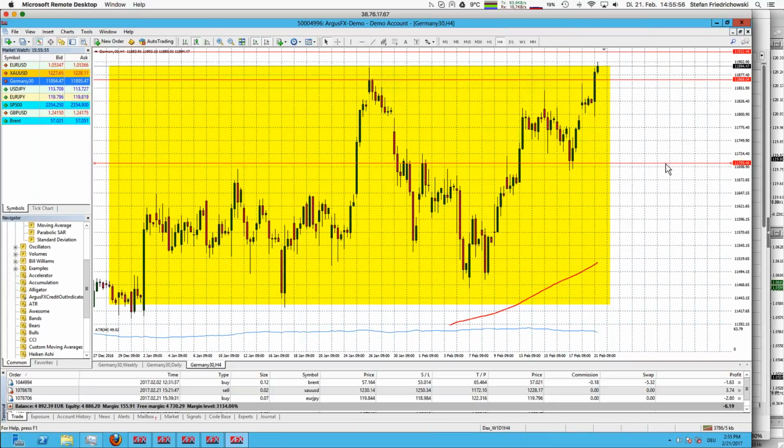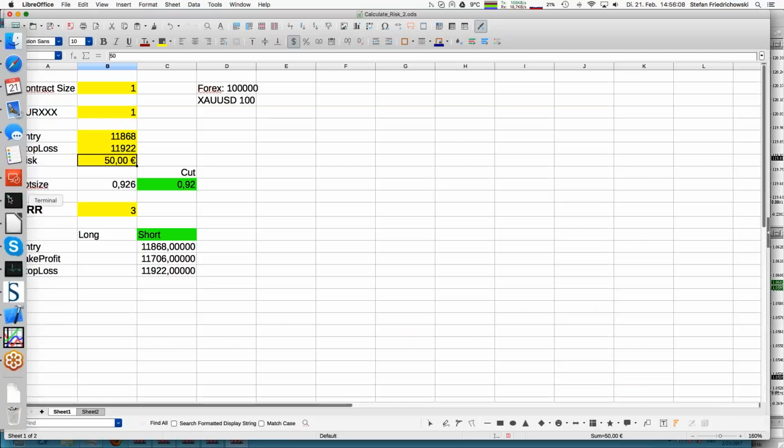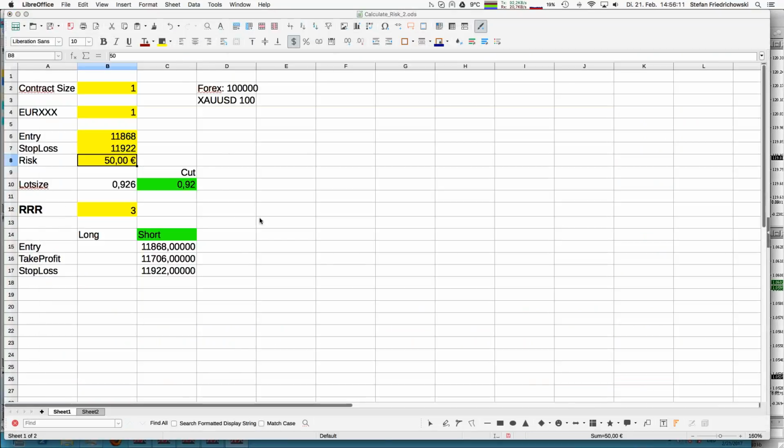So why not? That would be only half of the range backwards, so that would be a nice correction within that upward trend. So that will be our final trade for today, but let's now decide on the naming.